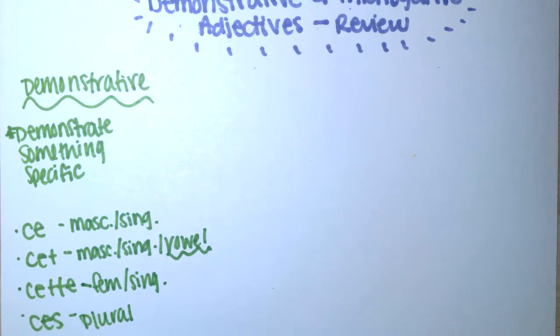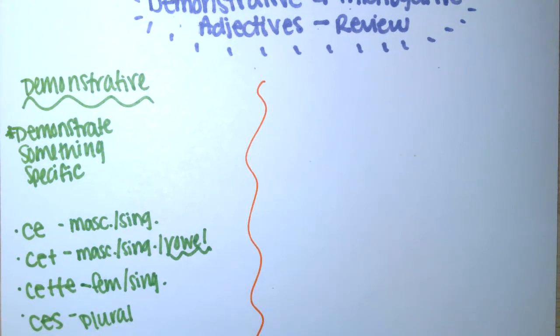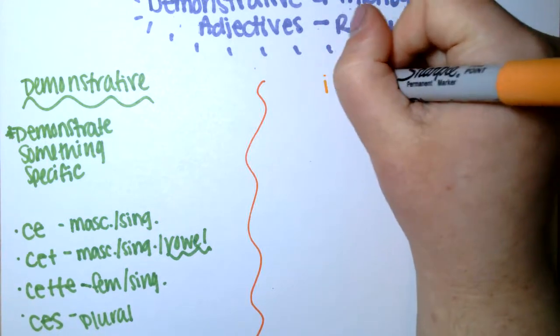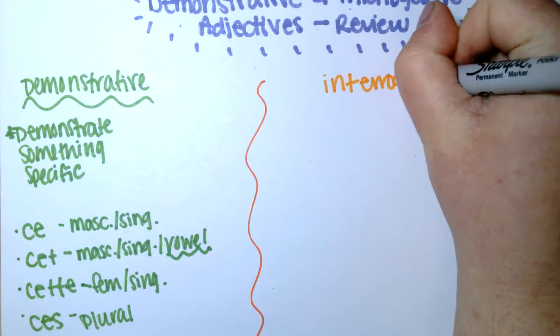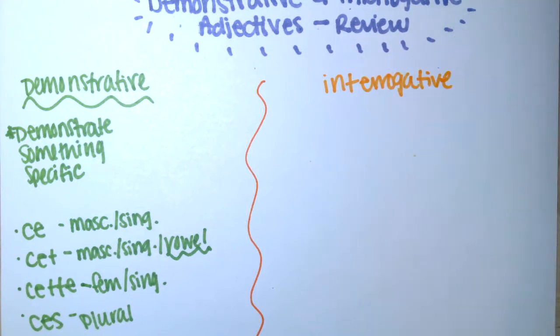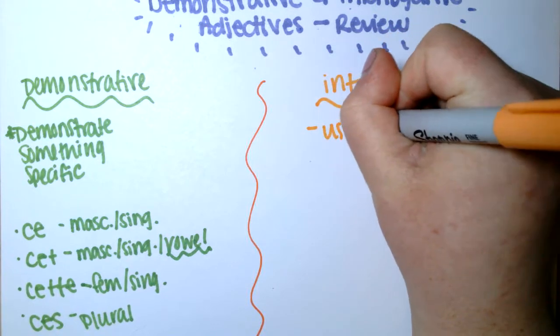All right, so now let's talk about interrogative adjectives. So interrogative adjectives have kind of the same idea, but a little bit different. Instead of demonstrating something specific, interrogative adjectives are used to talk about questions. So we've got interrogative over here, and interrogative are used to ask questions.